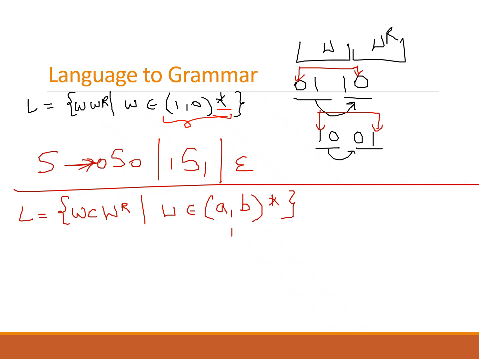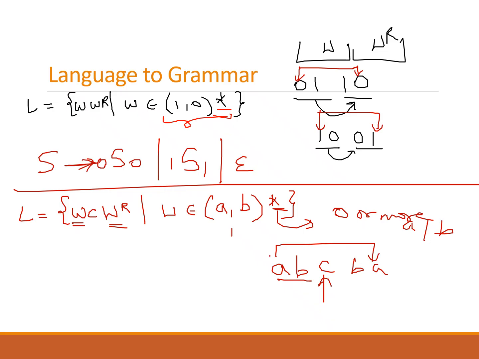Now again, this is a star here, so this means 0 or more times I can have either a, b in any sequence. So now what is it telling me that if I have AB, I will have a mandatory separator C in between and then their reverse. But the logic of starting with A or B, ending with the same, remains the same.